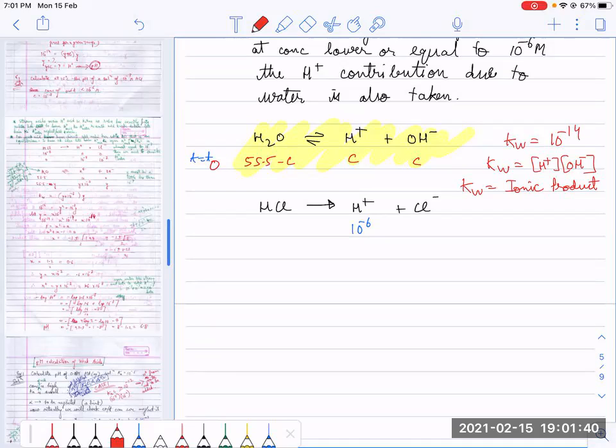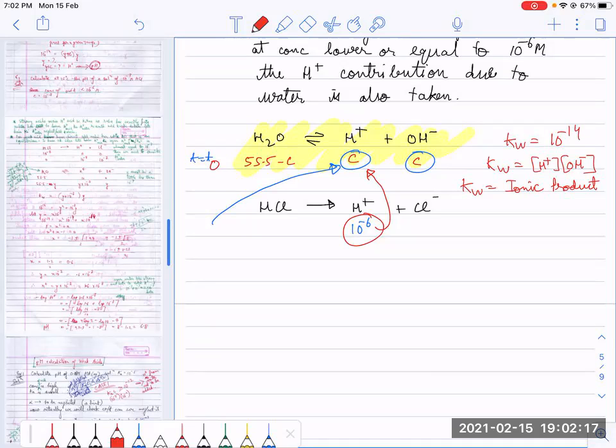So 55.5 minus C, and this C will also be the concentration of H plus due to water and of OH minus due to water. Now to this C, I will be adding this 10 to the power minus 6. So it will become C plus 10 to the power minus 6, because in the beaker, H plus is coming from two sources, that is HCl and H2O.